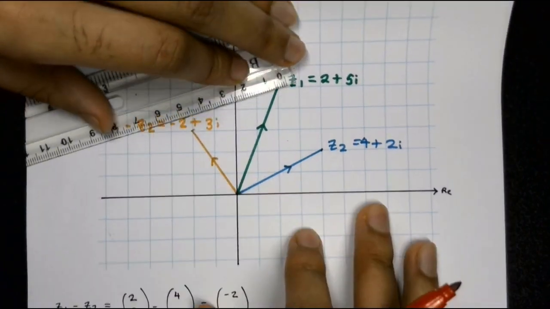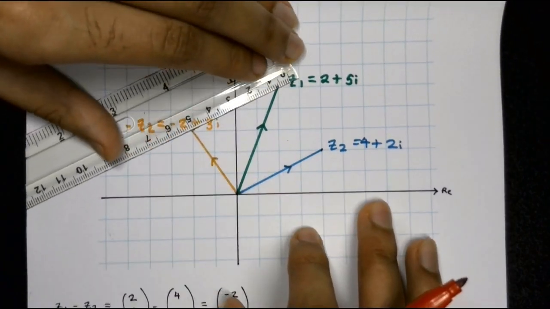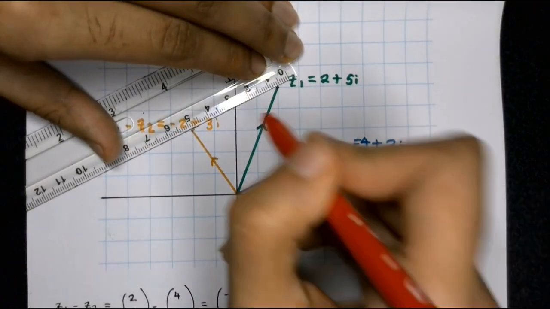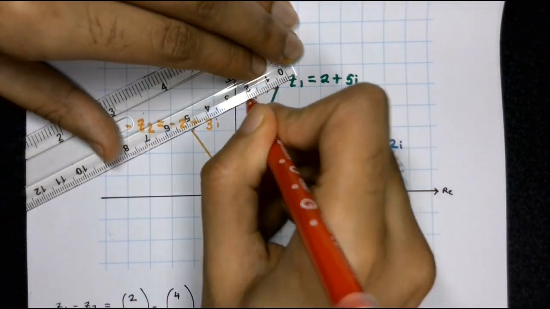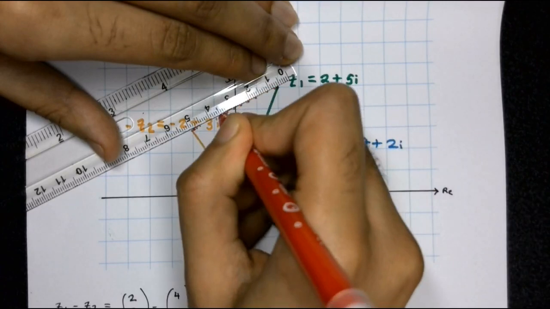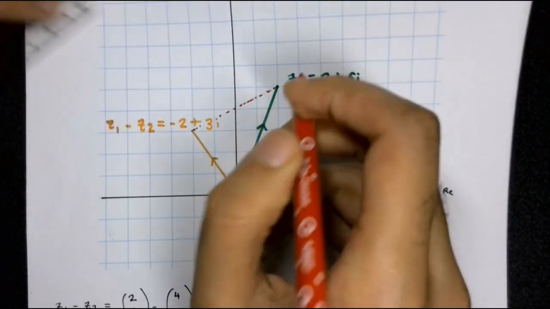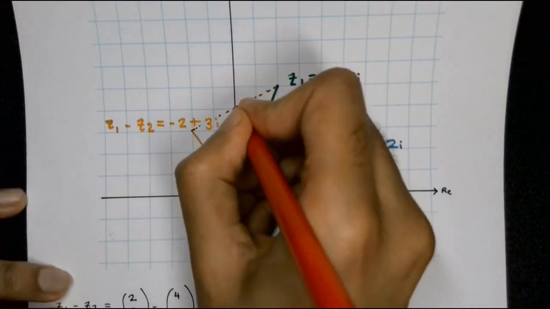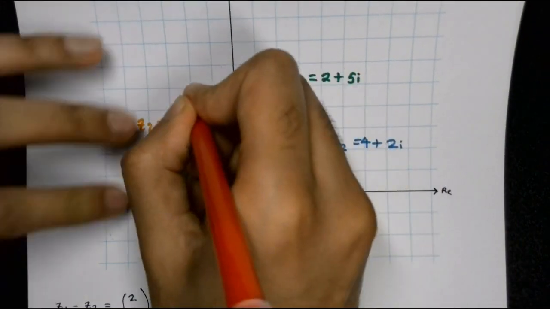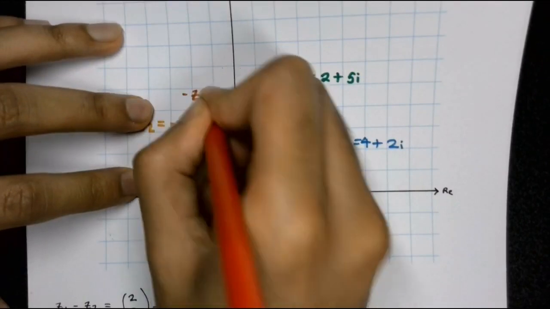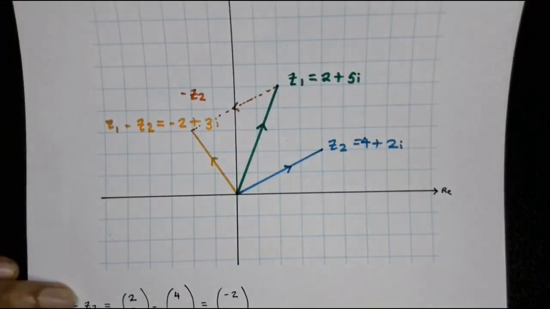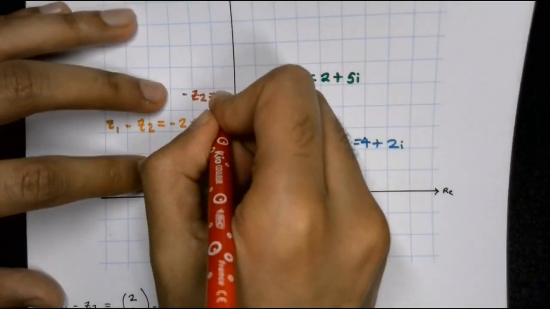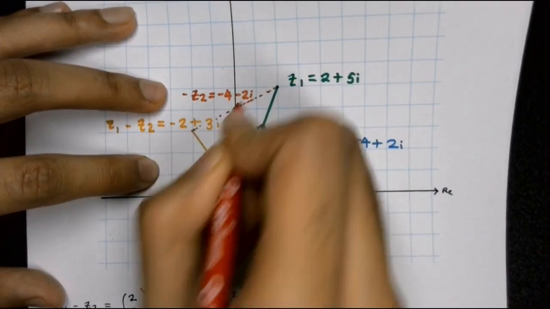So if we show this, you can see here we have minus z2 as shown here. And this will equal minus 4 minus 2i.